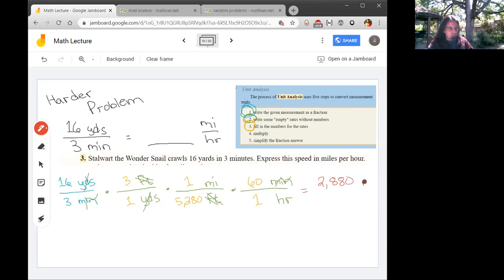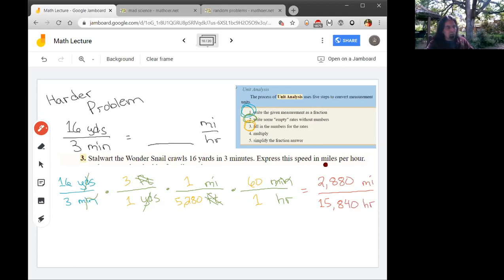Just the miles. On the bottom, 3 times 1 times 5,280 times 1. What words are left on the bottom? Just the hour. I'm going to make that 40 look more like a 40 and less like a 90.